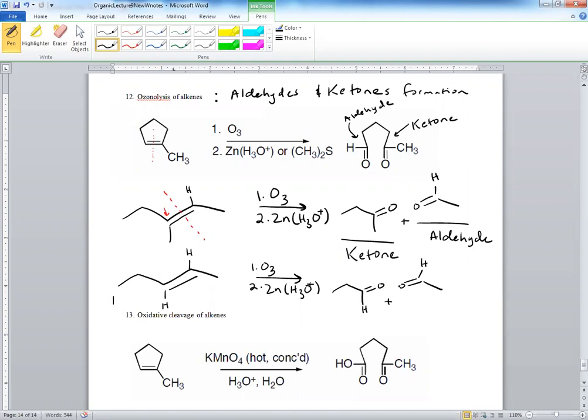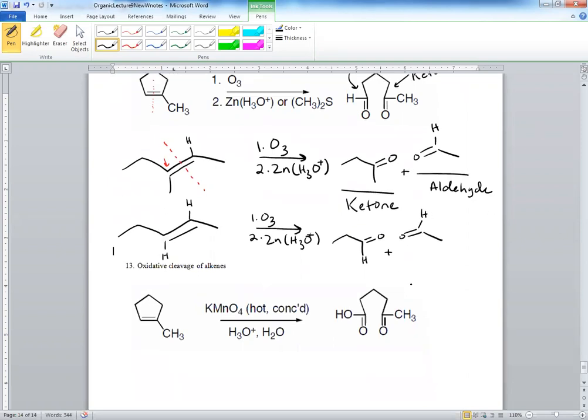So you have 2 different aldehydes being made. And finally, the oxidative cleavage can make plenty of products. Depending on what you have, you can make ketones, and you can make carboxylic acids.